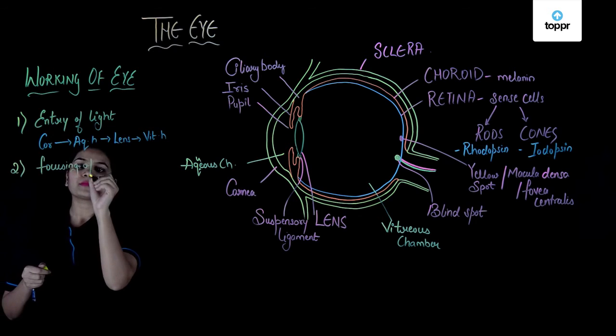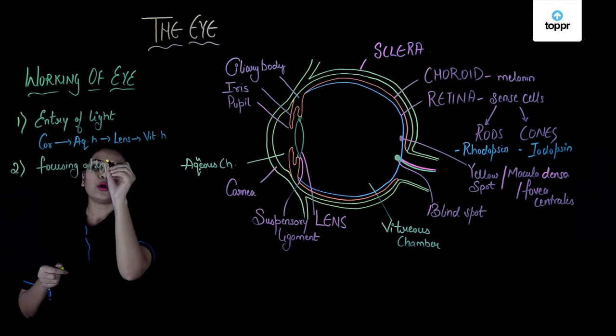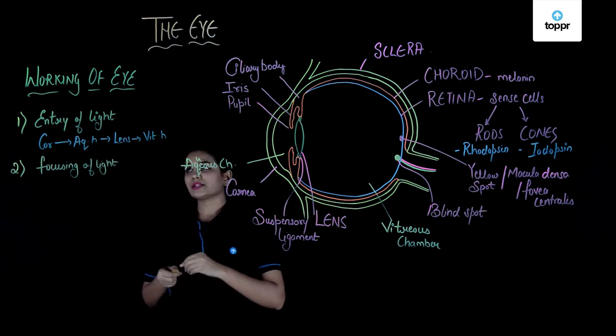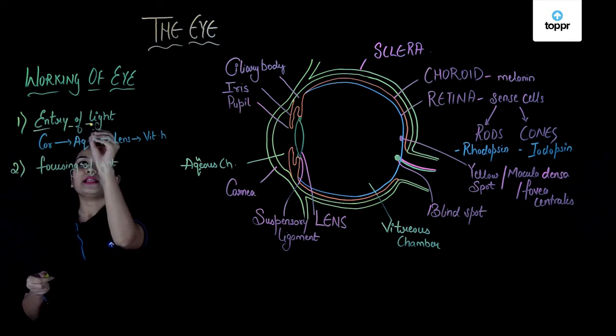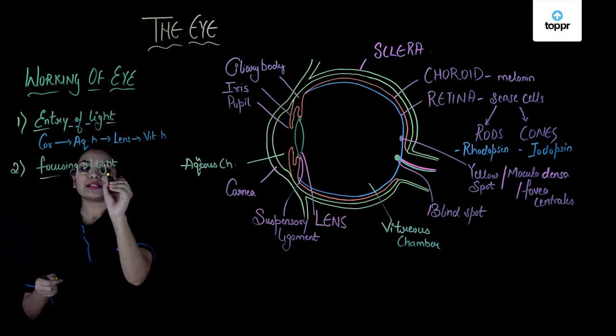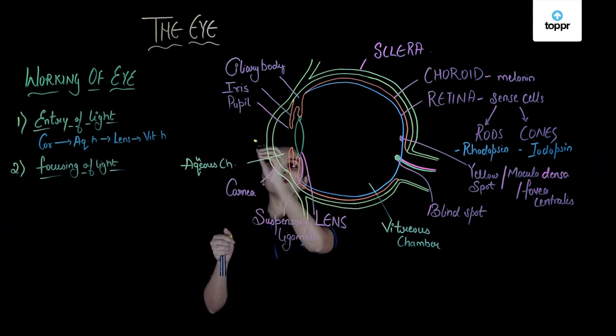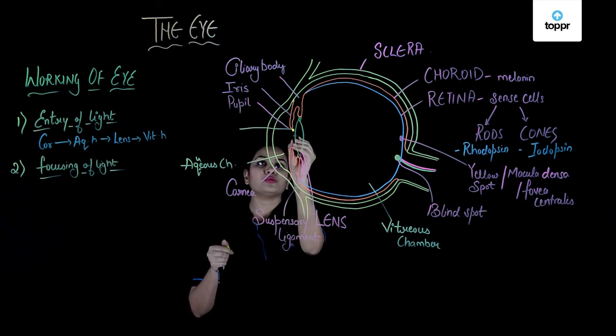Now what would happen in the focusing of light? Well, while in the entry of light, the light has entered from all these paths. When it moves from all these paths, let's say from the cornea, these are the two light rays which are falling.